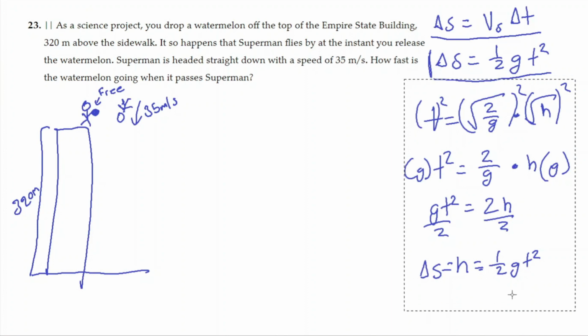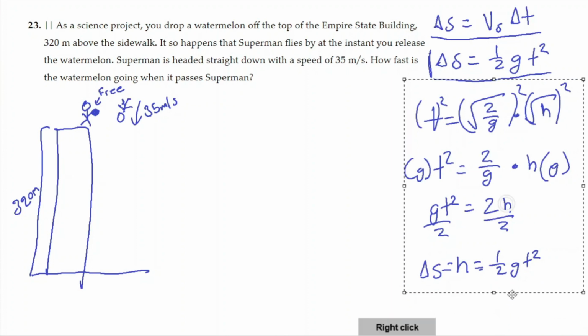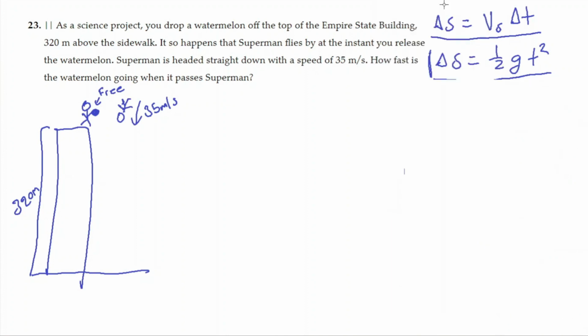So what we can do now is set both of these equations equal to each other. For Superman, we know that his velocity is constant and we don't know the time. Since the position for both of these has to be equal, we can set these equations equal to each other. So we have velocity times delta t. This is going to be Superman's equation. We can just label the equations.